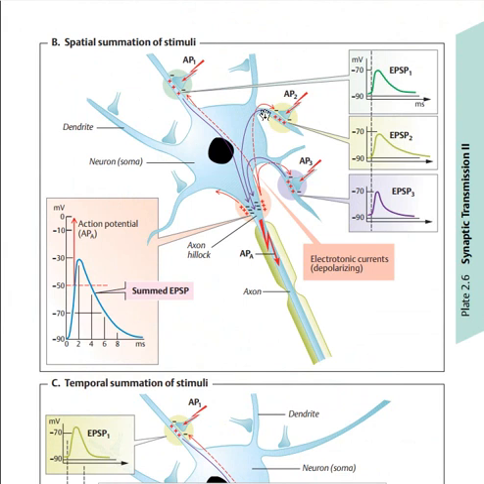So now let's visualize spatial summation of the stimuli. With spatial summation, you need to know that the different stimuli are occurring at the same time at different dendrites. So we have one dendrite here which has an action potential, another dendrite here has an action potential, another dendrite here has an action potential. So this action potential, when it enters the new neuron, it is now going to be called an excitatory postsynaptic potential.